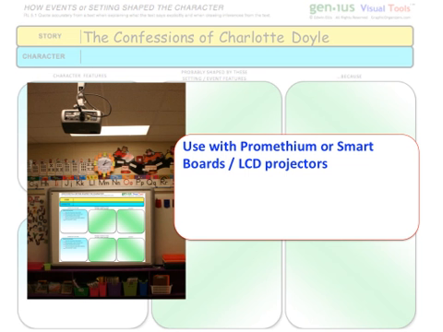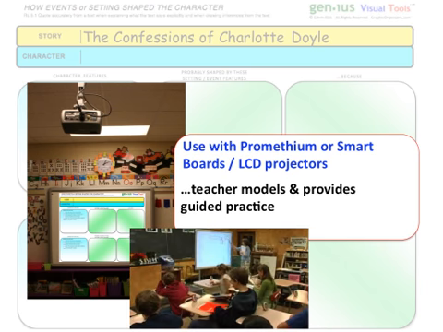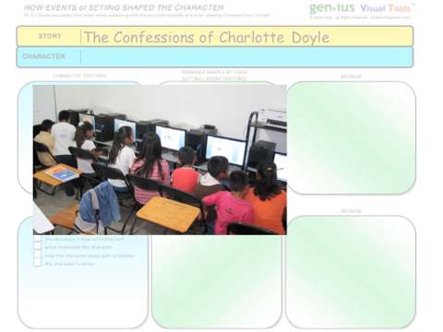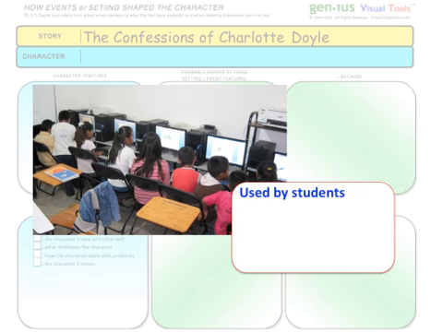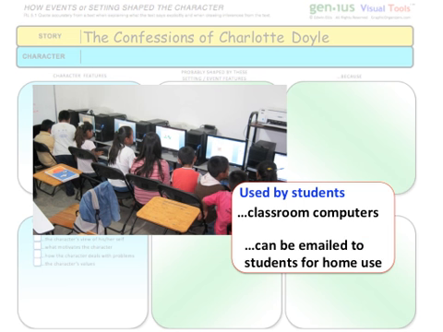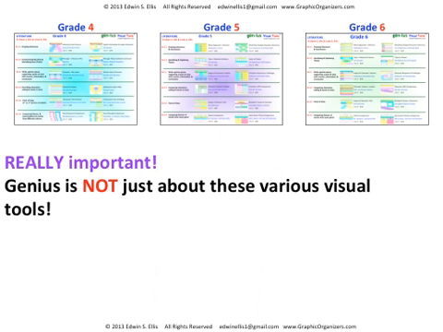What teachers often do when they're using these with smart boards is they'll do a lot of modeling and providing guided practice in how do you apply that particular visual tool and so forth. These can also be used by students, for example on classroom computers, or you can even email them to students for home use in terms of homework assignments and that sort of thing.